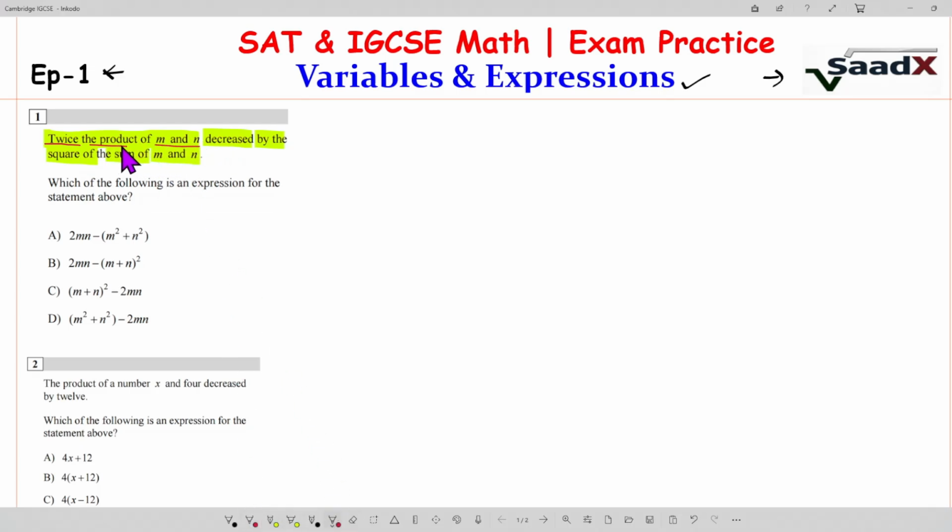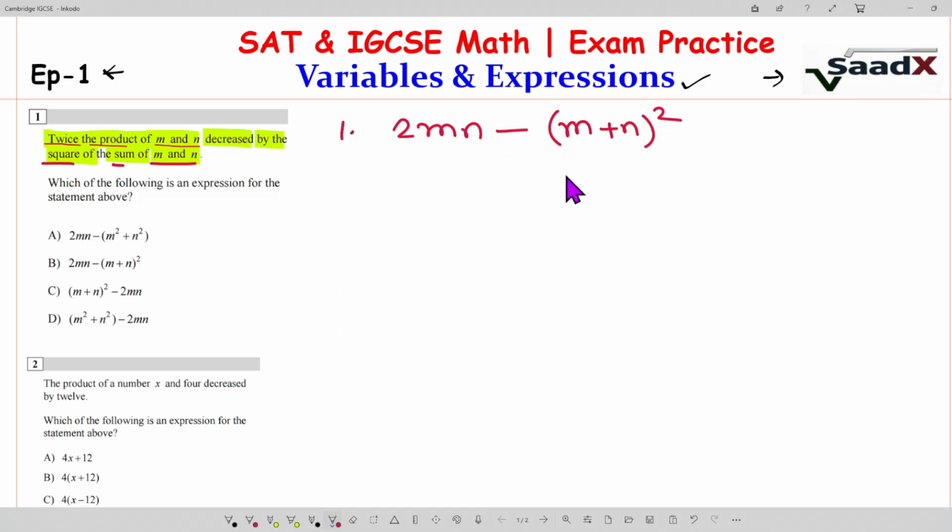So the product of m and n, and it will be twice, right? Then decreased by the square of the sum of m and n. M plus n, it's a sum and square. This is our first answer.